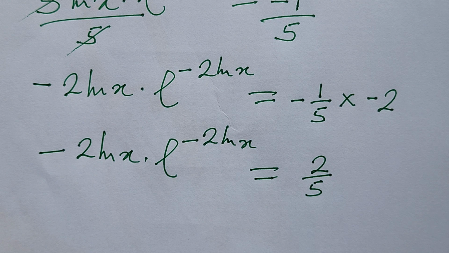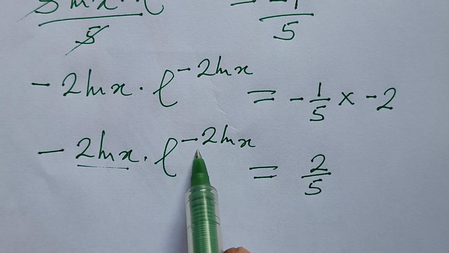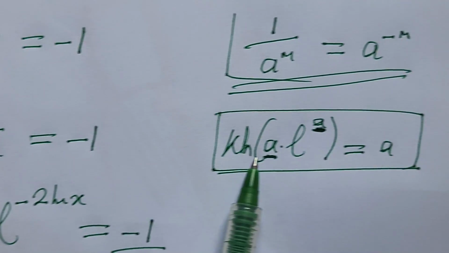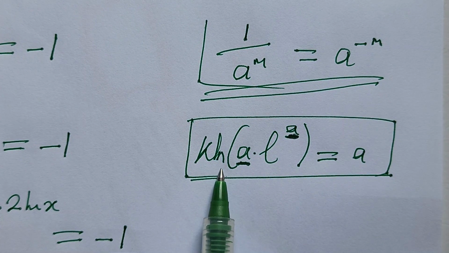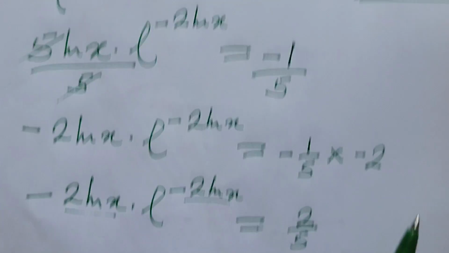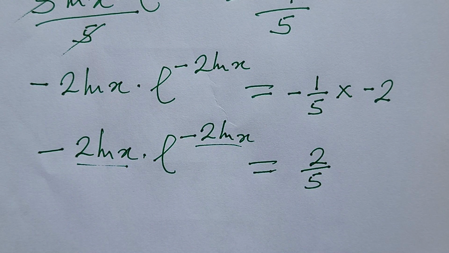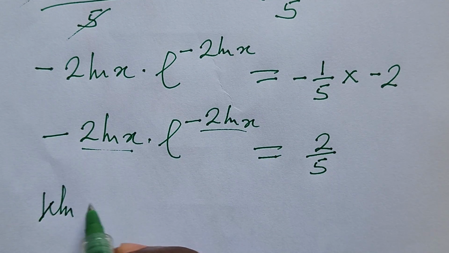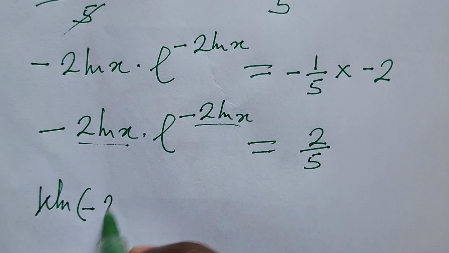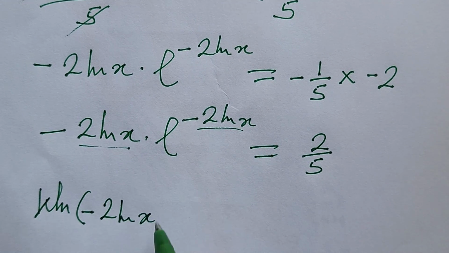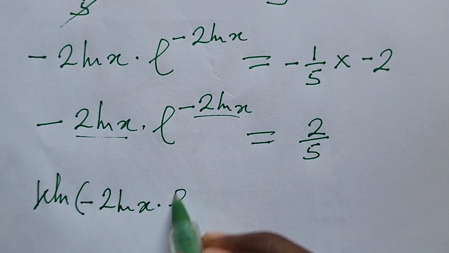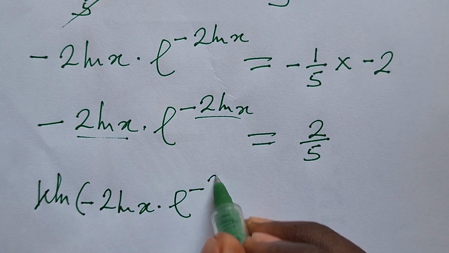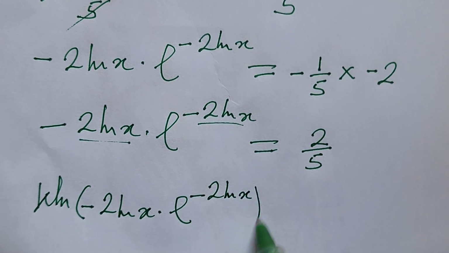Now, what can you spot from the left-hand side of the equation? What we have here is the same thing we have here. So our product log, or Lambert W_n function, can come into play. So let's introduce our Lambert W_n function. This gives us W_n of minus 2 ln of x times e to the power of minus 2 ln of x, close bracket.